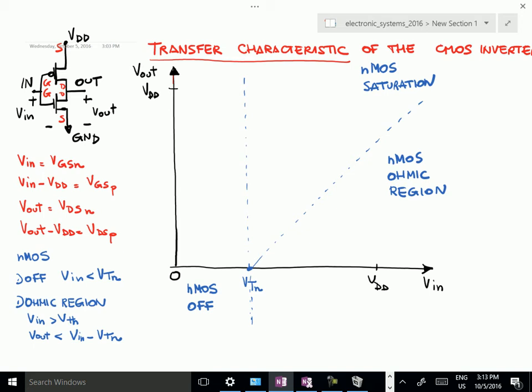Of course, we are not interested in the other 3 quadrants, because Vin and Vout are both between 0 and VDD, so they are both positive. Okay, we can repeat the same considerations for the PMOS.